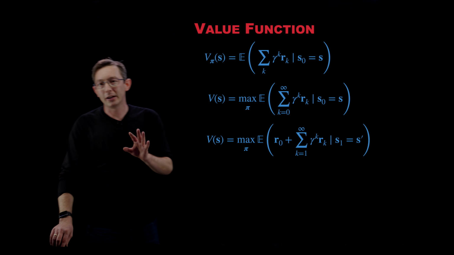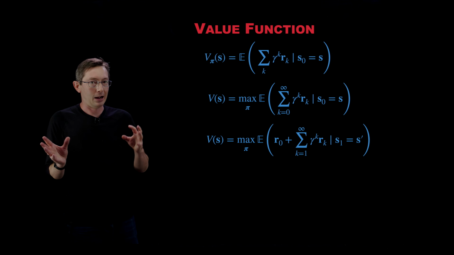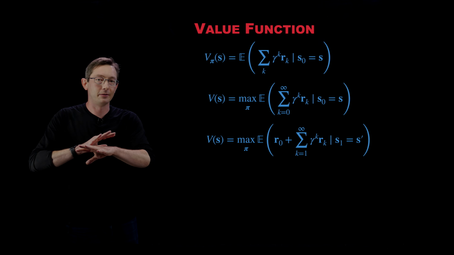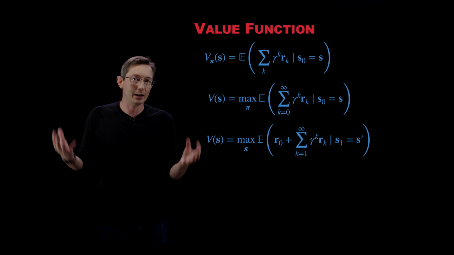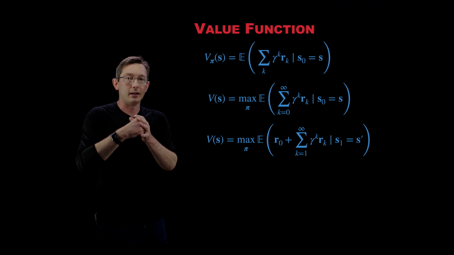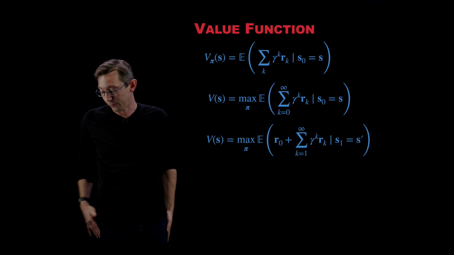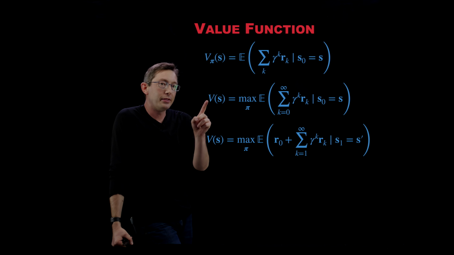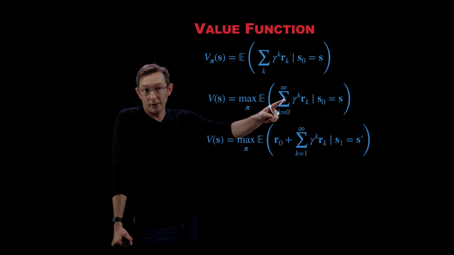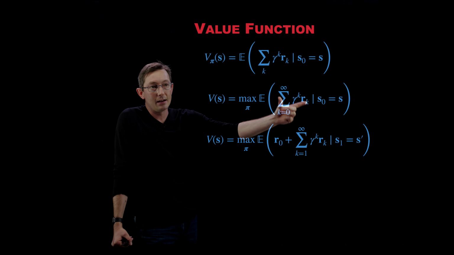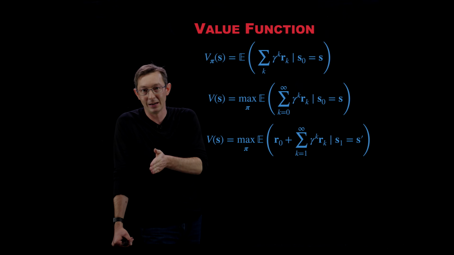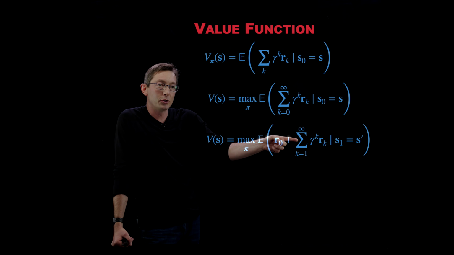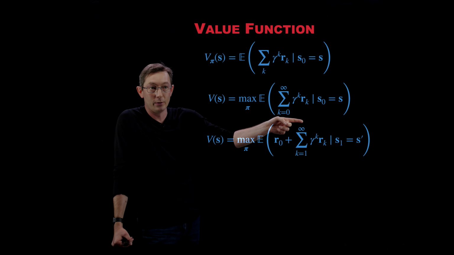And one of the really, really cool things, so this is what Bellman figured out. Richard Bellman, the rest was history. He figured this property out that allowed him to invent dynamic programming and a large part of the field of reinforcement learning. So this value function here, this exact expression, you can take this sum of future rewards and break it up into the current reward at time step now, 0 means now, plus all of the future rewards starting at time step 1 to infinity.